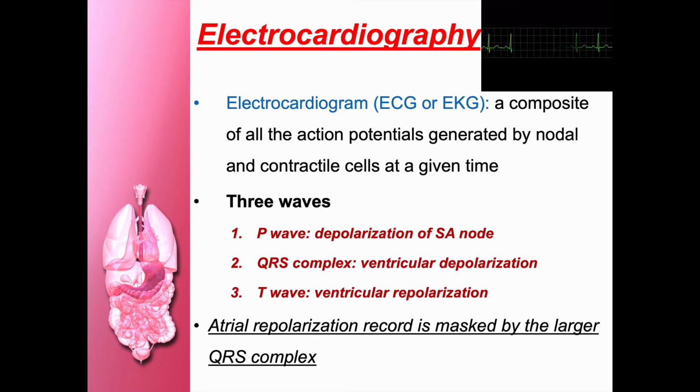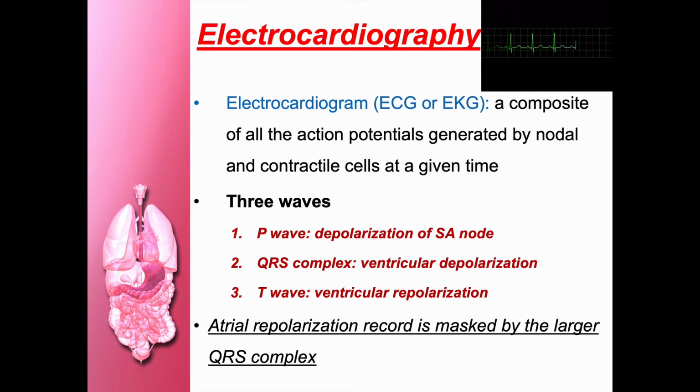By recording this electrical activity, we will know how the heart muscle is functioning. By understanding the heart muscle function, we will be able to understand the pathological aspect of the heart. This is the concept of electrocardiography.